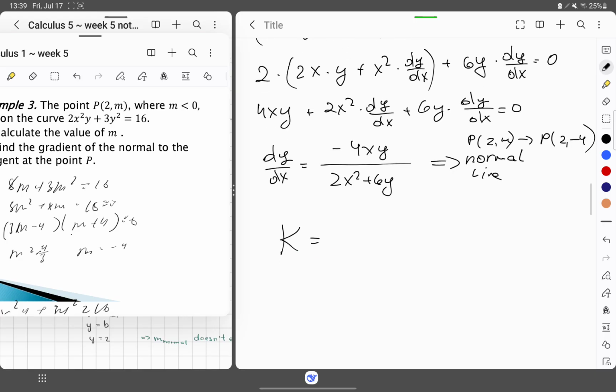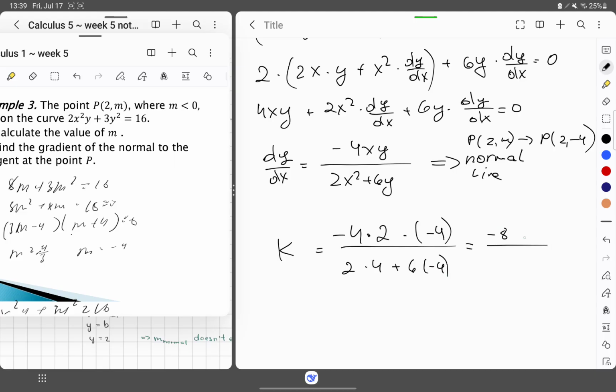Okay, k will be negative 4 times x times negative 4 over 2x squared, 2 times 4 plus 6 times negative 4, which is negative 8 times negative 4. 32 over 8 plus negative 16, that will be negative 2.